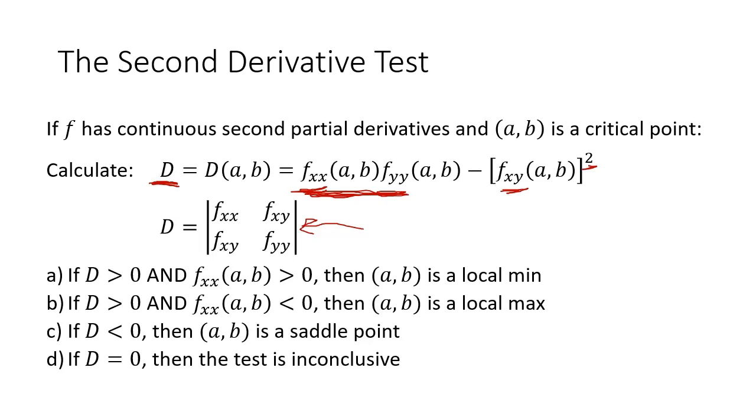So if we know that our second derivative test yields a positive result, we then check just one of the second partials to figure out whether they were either both positive or they were both negative.